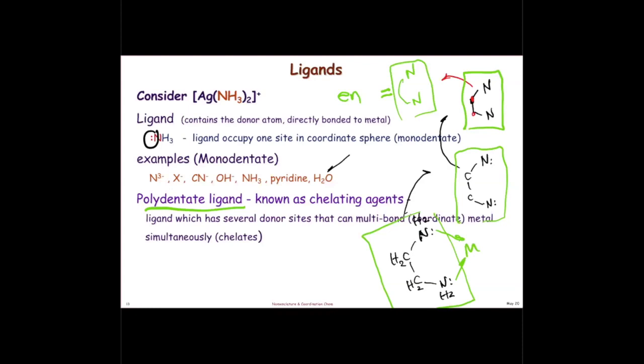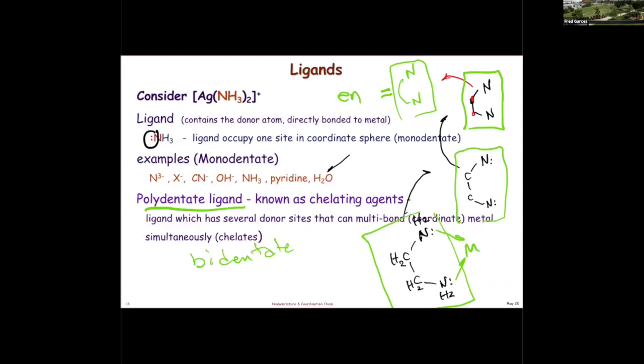Professor, would ethylene diamine be an example of a polydentate? Yes, exactly. Ethylene diamine is a nice example of a polydentate ligand. To be specific, it's what we call a bidentate ligand, because it's got two sites to bind.